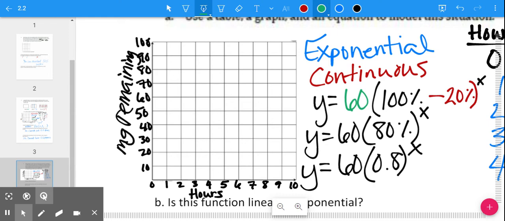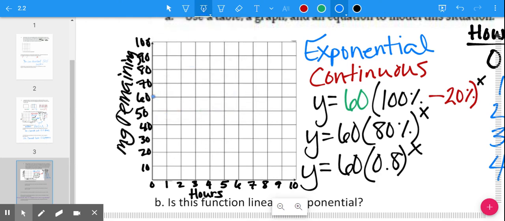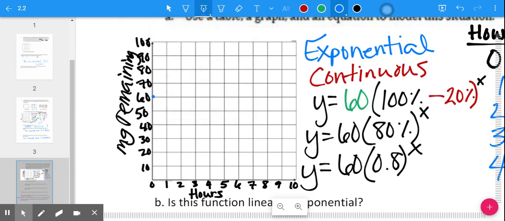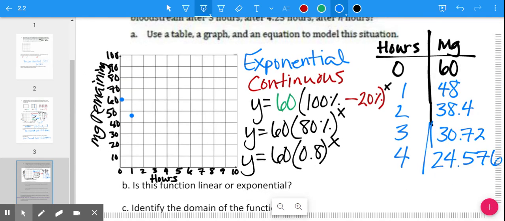As we plot these points, we have 0, 60 milligrams of that medicine in the dog's system in the very beginning. After 1 hour, there was 48 milligrams. After 2, there was 38.4. After 3, there was approximately 30.